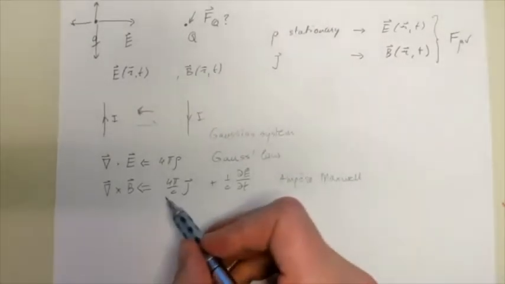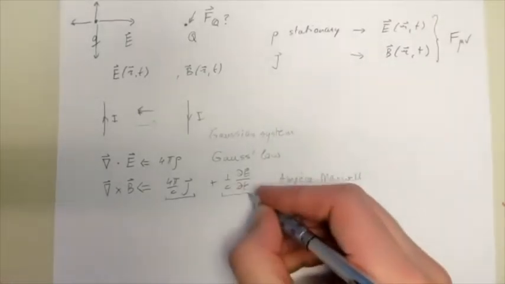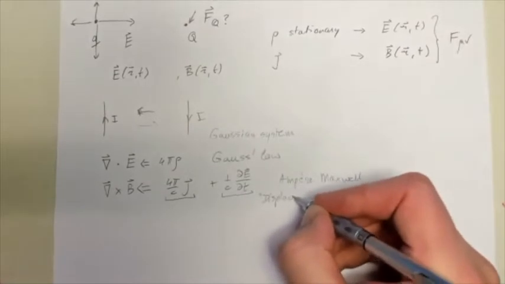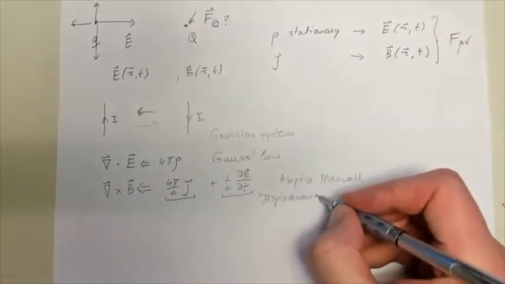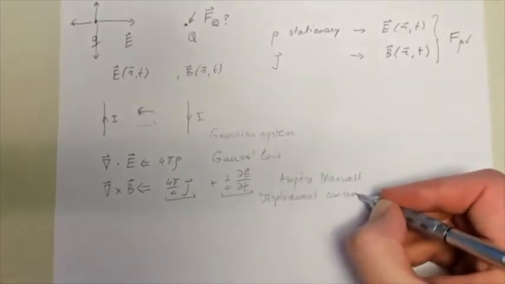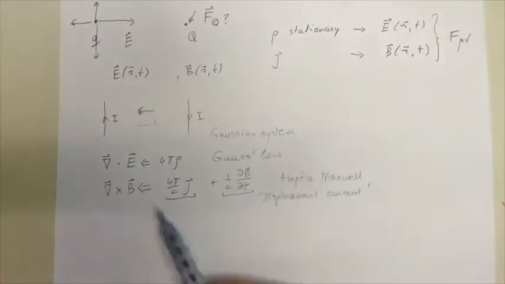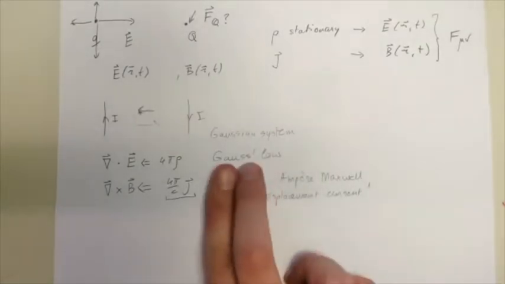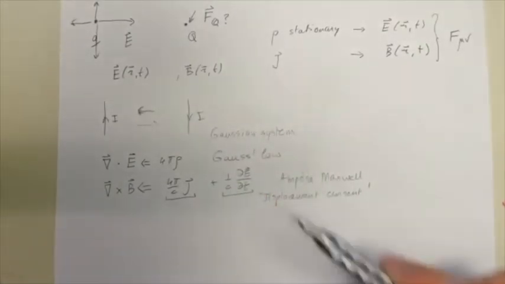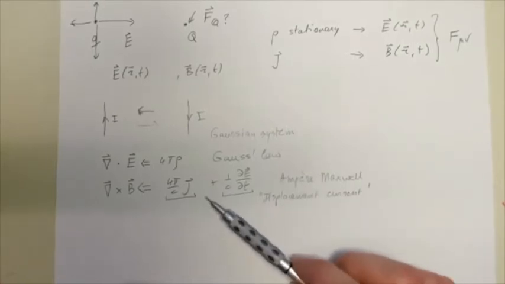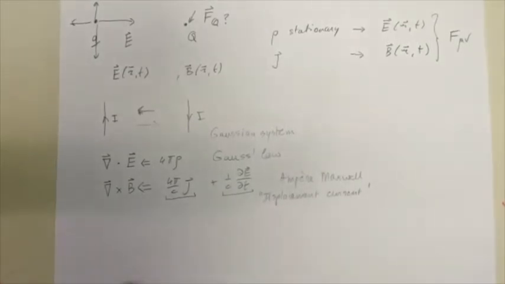Now, this is the real current. This is what we sometimes call the displacement current. This displacement current was the addition that Maxwell made to Ampere's law. So before, Ampere's law was just this, and it turns out that there's a vector identity that cannot be satisfied for magnetic fields if you don't add this.